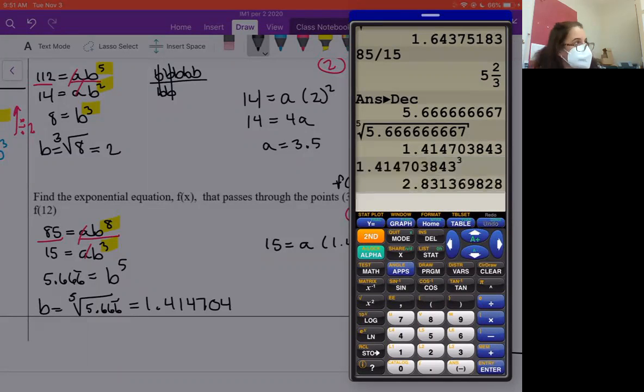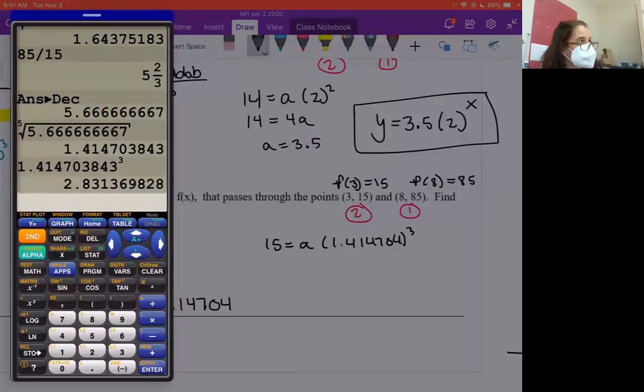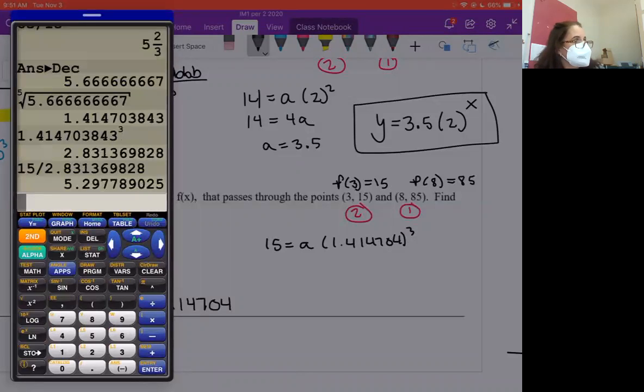So when I take it to the third, I get 2.83136. Okay. And then notice my next step is going to be to do 15 divided by that. So 15 divided by that number, and there's A. A is going to be 5.297789.